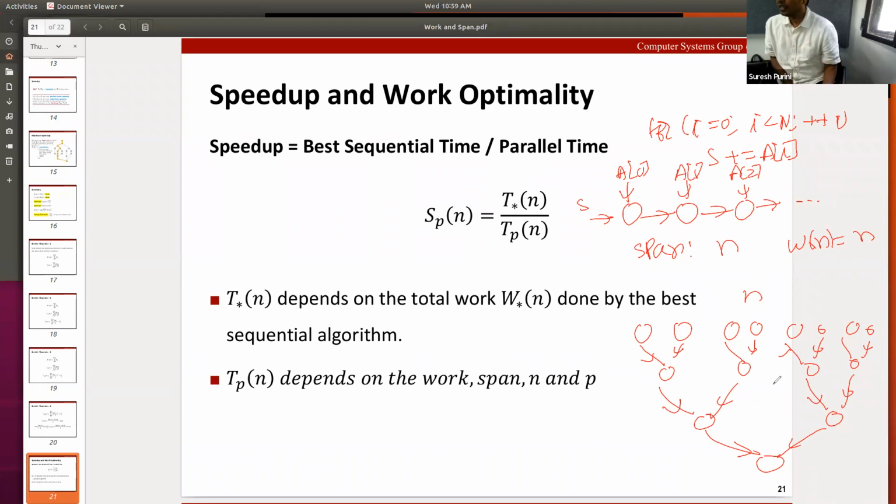The speedup is defined as the best serial time versus the parallel time that you get using P cores. Once you get into research, which many of you will soon, what people do is they don't take the best serial time.